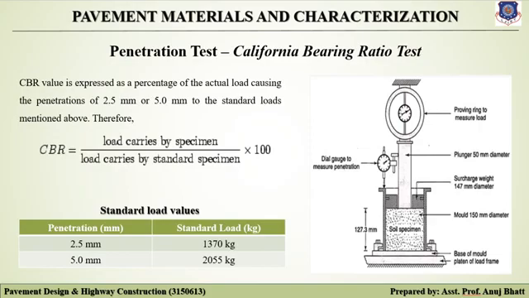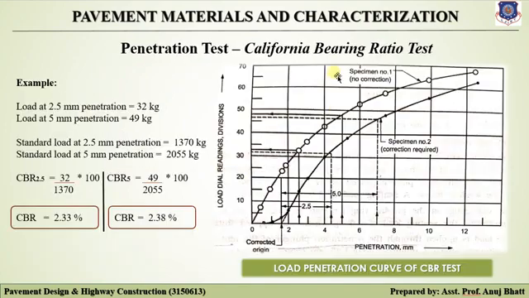So our today's task is to obtain the CBR value from that penetration curve. So next we are moving on to the penetration curve. Here you can see the load penetration curve is plotted. Alternatively, the load value here is the load dial readings.